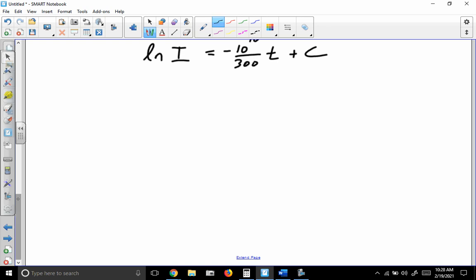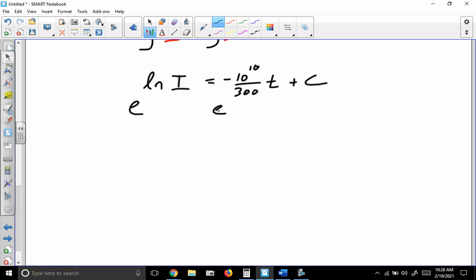And then to get I, e to both sides. So e and natural log cancel, so I, current, as a function of time, is e to the negative 10 to the 10th over 300 times t plus c, or we can move that plus c out front as a capital C.